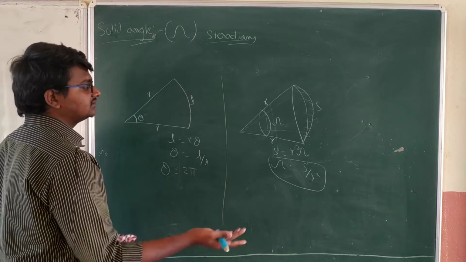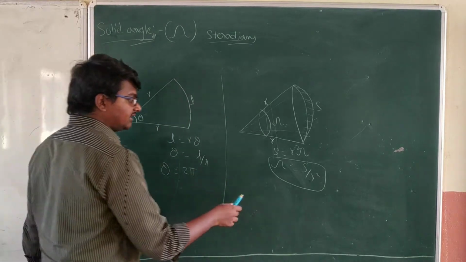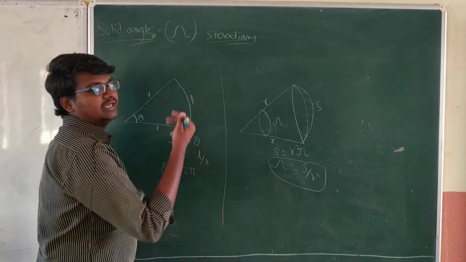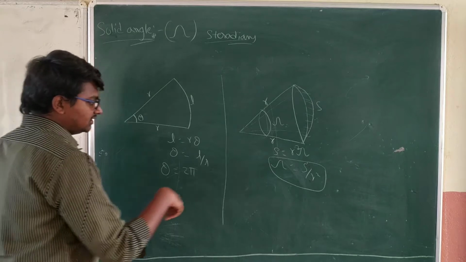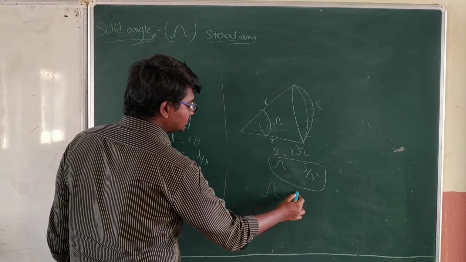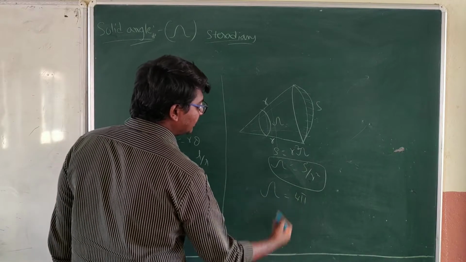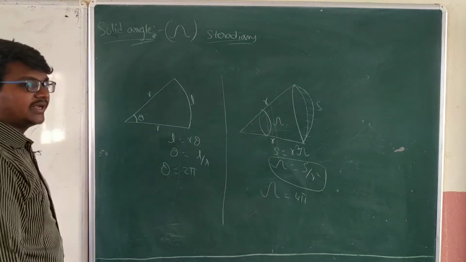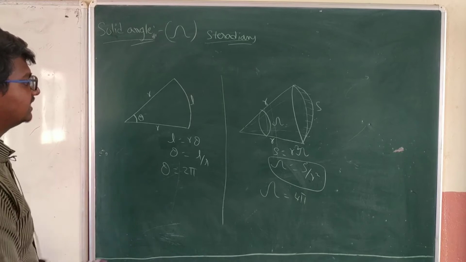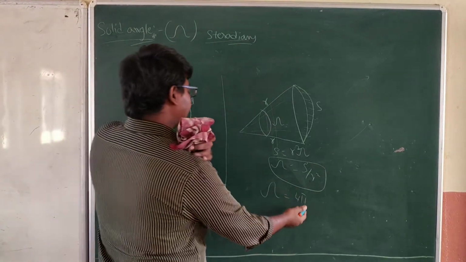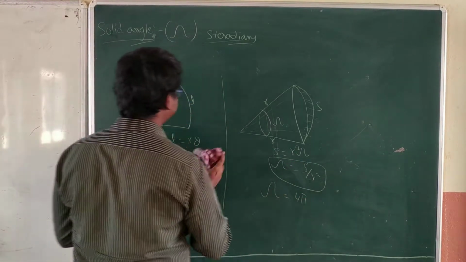Here it will form a complete sphere. It will form a complete circle. Here omega is equals to 4 pi. Here theta is equals to 2 pi, and that one will come as 4 pi simply. Just remember this one, and now we will prove that also.